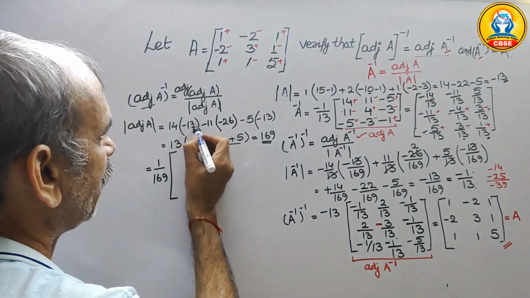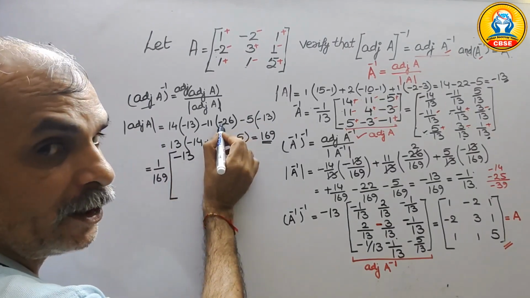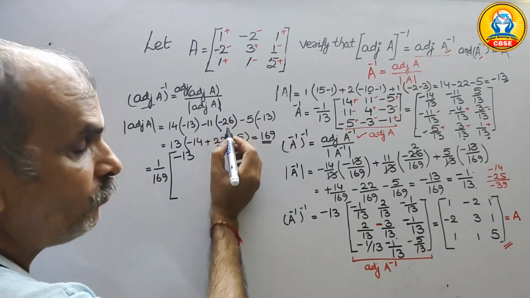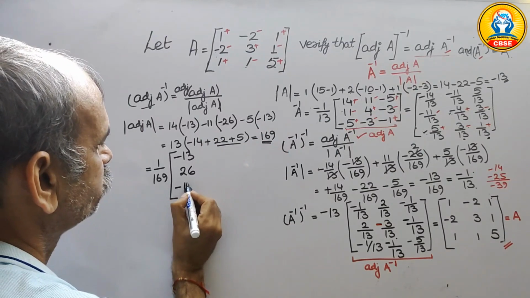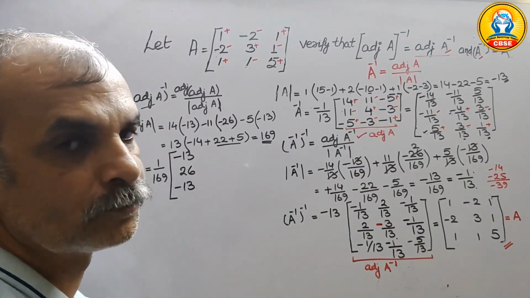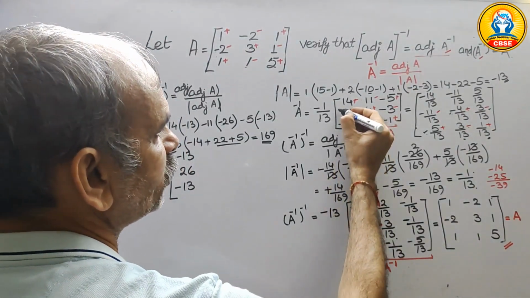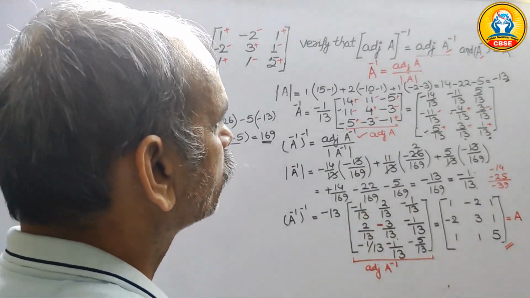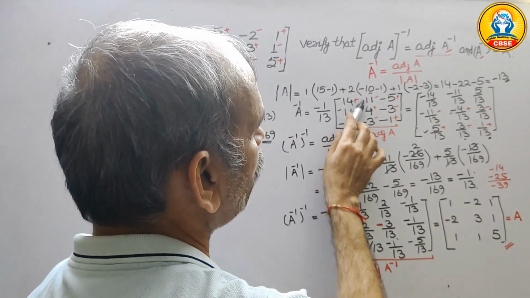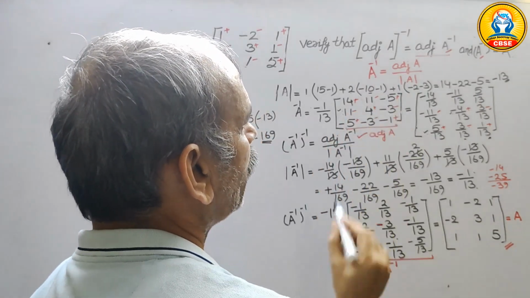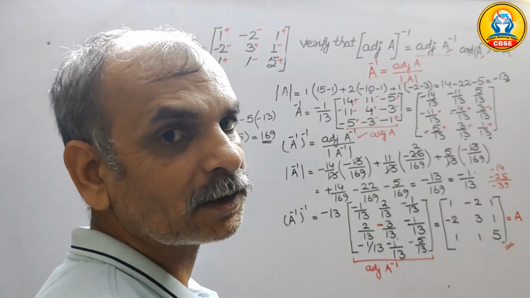So here it is minus 13. We will write here minus 13. The position is negative, and this is also negative. We will go for 26 and minus 13. Next position is this. If position is this, we have to go for minus 11 and minus 15 is minus 26.